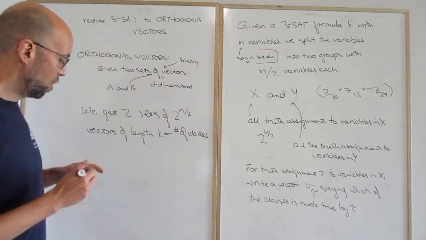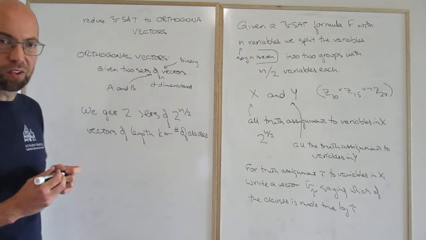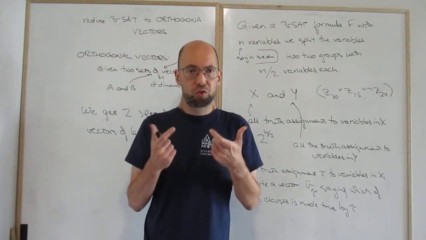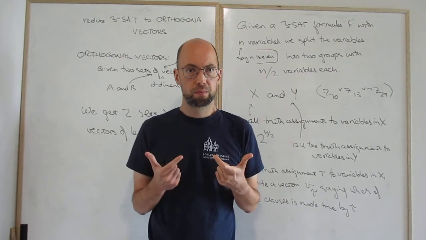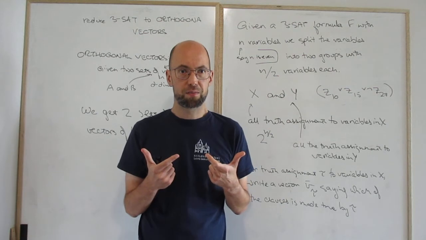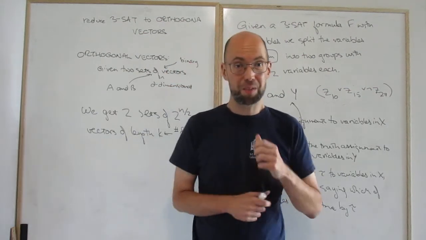So suppose you have these 2 sets of vectors. Suppose that 2 of them are orthogonal. I have like 1 minute. Now, what does that mean?